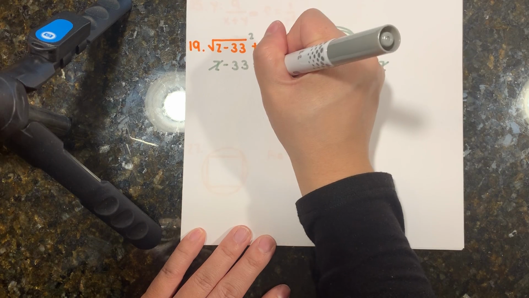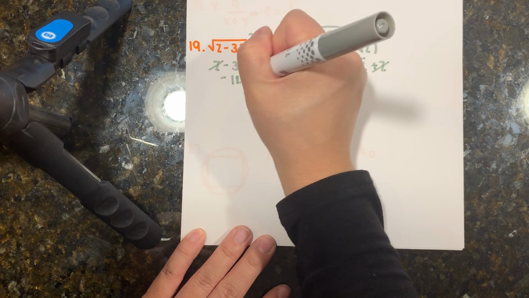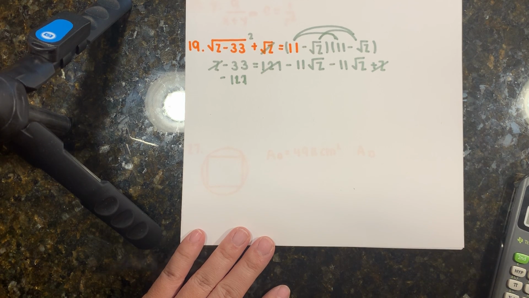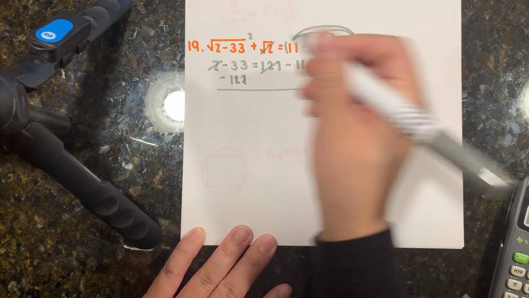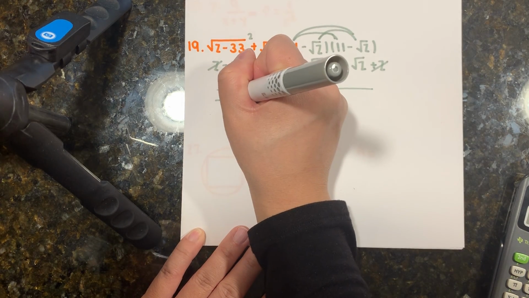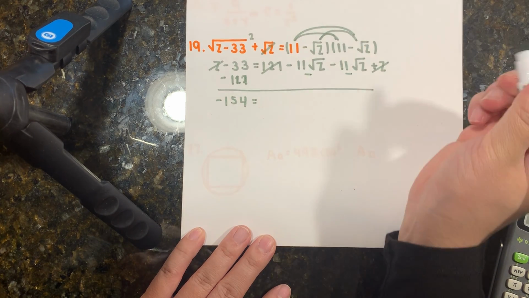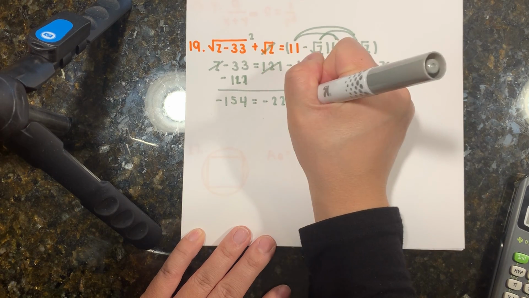Now I'm going to move the 121 to the other side by subtracting it. So it'd be negative 33 minus 121, which would give me negative 154. I'm going to add the negative 11 root z's together, which would give me negative 22 root z.